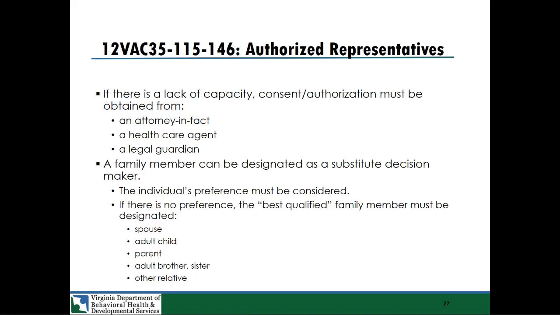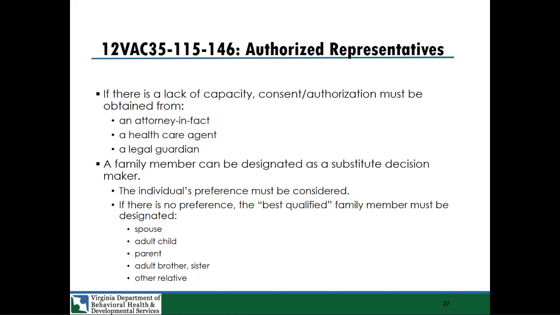If an individual lacks capacity, the provider must recognize and obtain consent or authorization for decisions concerning the individual from one, an attorney in fact, or someone who is empowered by a durable power of attorney to consent or authorize disclosure, or from a healthcare agent, someone appointed by the individual under an advance directive or power of attorney, or a legal guardian. And in the case of a minor, this would be the parent.